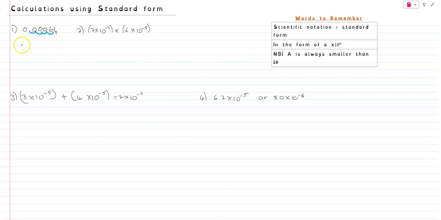So we stop at 6. So our answer would be 6.4 times 10 to the power of 1, 2, 3, 4 jumps. Negative 4. Negative 4, why? Because we're moving to the right. We're getting smaller, so it should be a negative number.